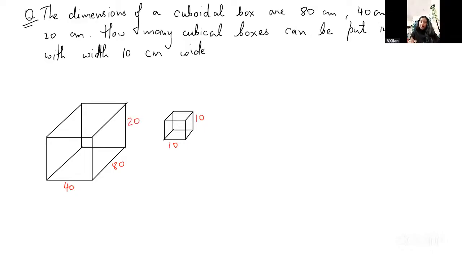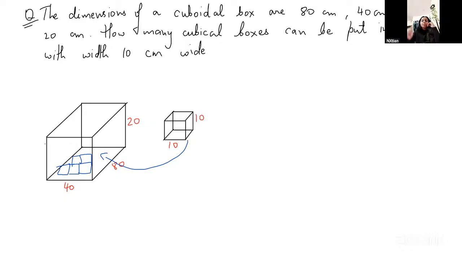How many of these boxes can you take and put inside it? That is what we are finding. Understood the question?